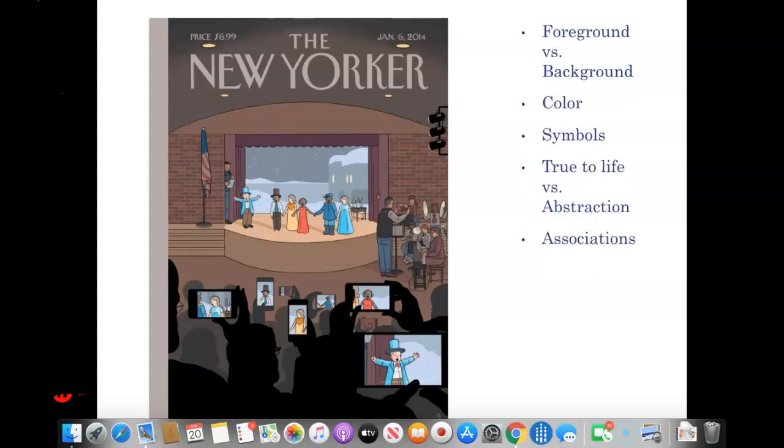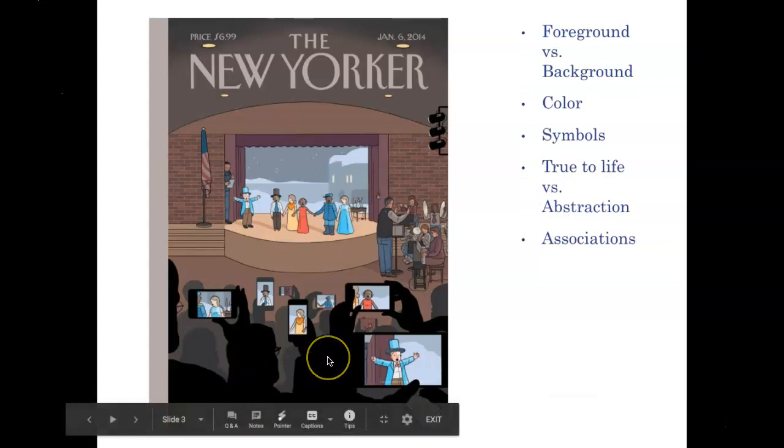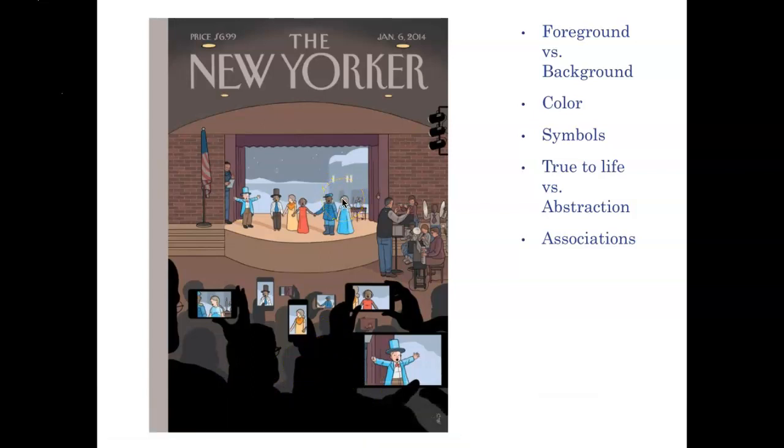Now, if we look at some of the other terms, foreground versus background, you can see that these screens and the silhouetted people are in the foreground, whereas the stage with the players or actors on them and the musicians, well, the musicians are kind of in the middle, but these actors are in the background.